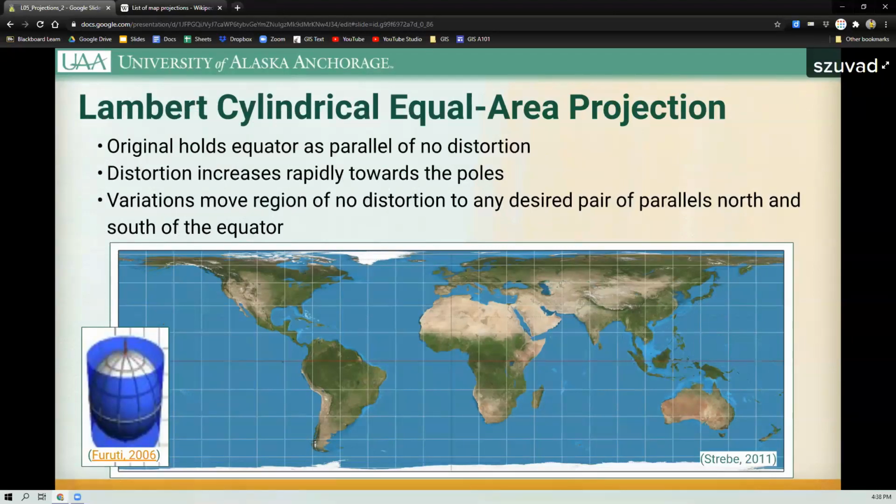Another popular cylindrical system is the Lambert cylindrical equal area projection. This obviously has significant distortion towards the poles, and it doesn't optimize shape or bearing well, but it does apply a fairly consistent area.